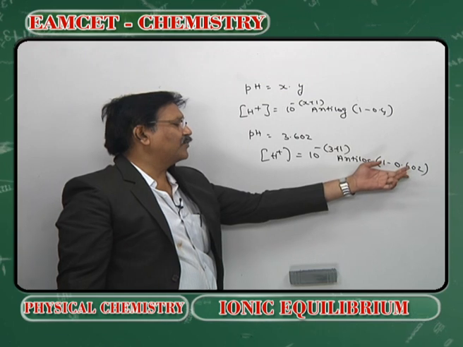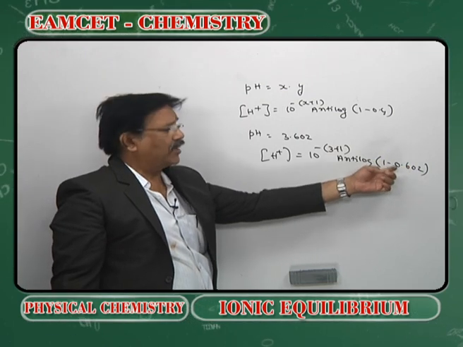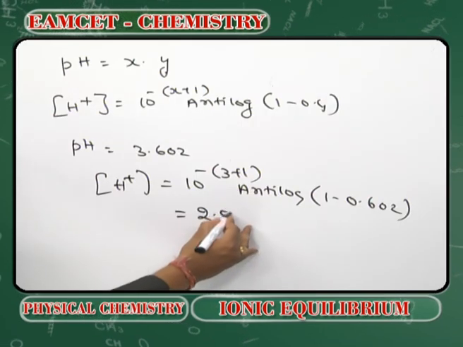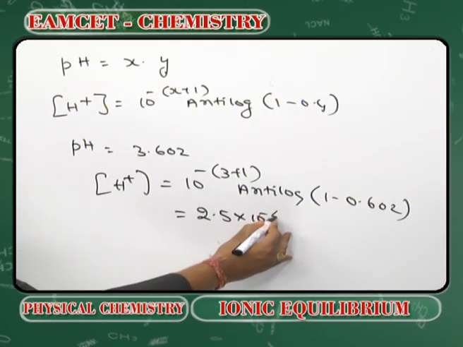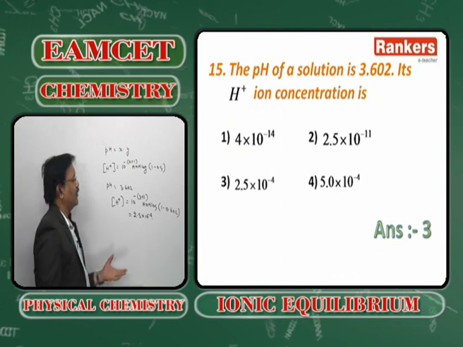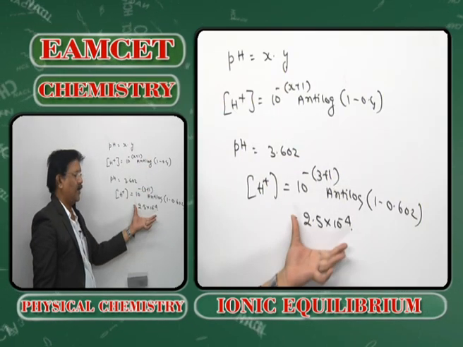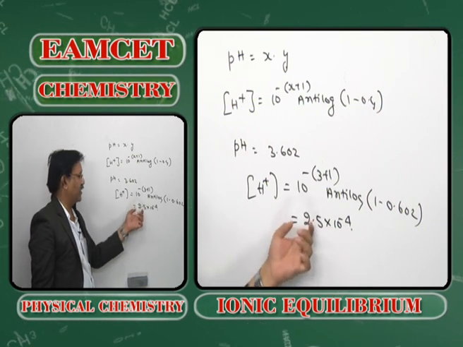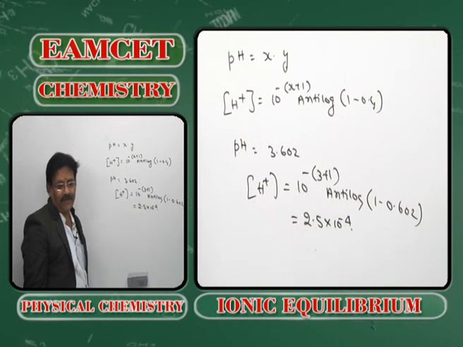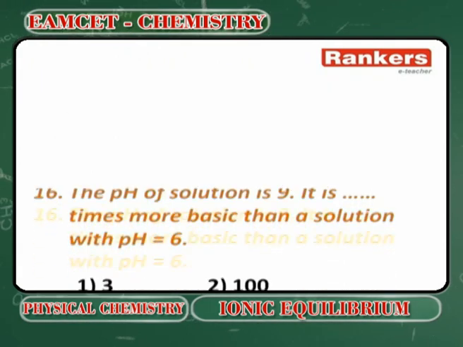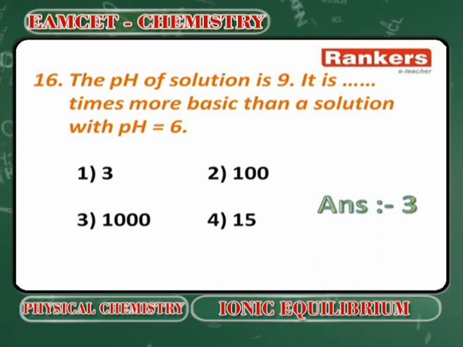The antilog of 0.4 is around 2.5. So 2.5 into 10 to the power of minus 4. This is a simple way to arrive at the answer in a quicker time. Option 3 is the answer. Next.